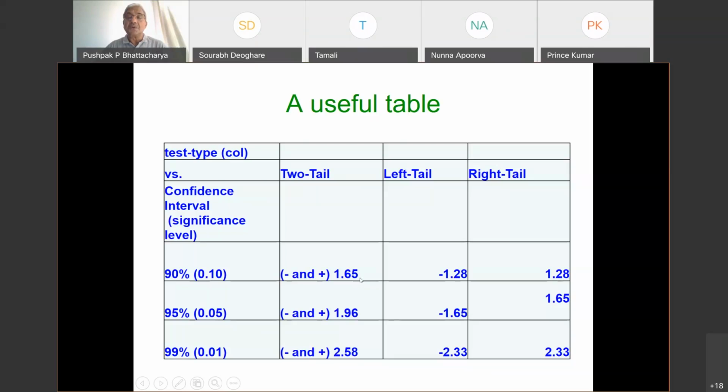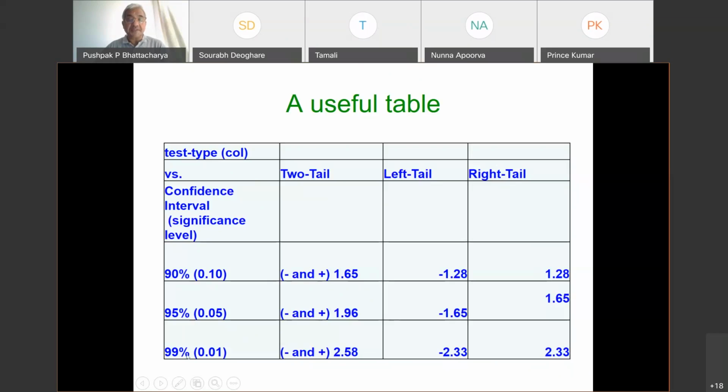So you can naturally relate the two-sided 90% confidence interval with one-sided 95% confidence interval. And for this 90% confidence interval, the left side critical value of Z is minus 1.28. Right side critical value of Z is plus 1.28.